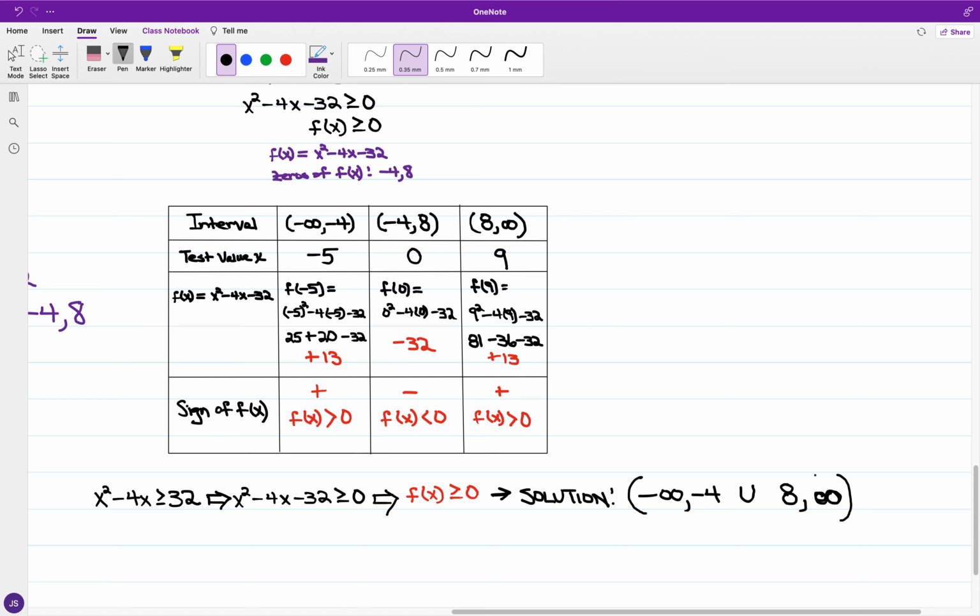Now for negative 4 and 8, they create the equal to portion, and since negative 4 and 8 are going to be included in the solution thanks to the equal sign, and because they set the function equal to 0, they are going to be in the bracket. If I did not have the equal sign, we would have had parentheses throughout, but in this case, thanks to the equal sign, negative 4 is in the bracket, as is the number 8.